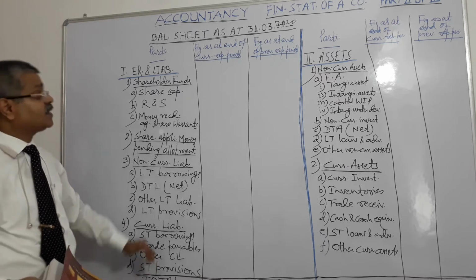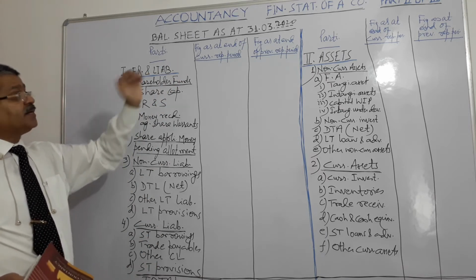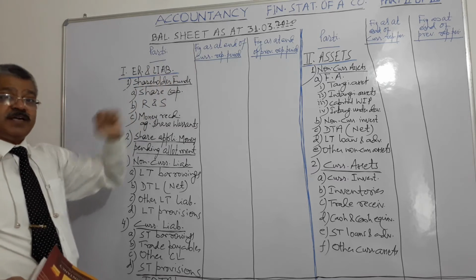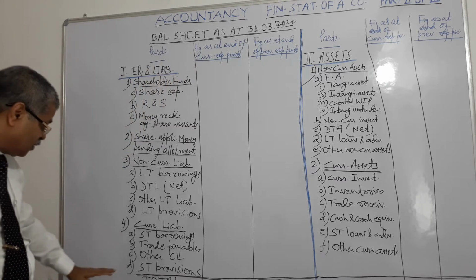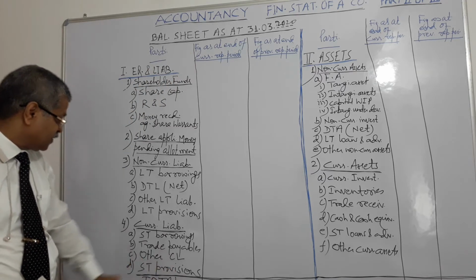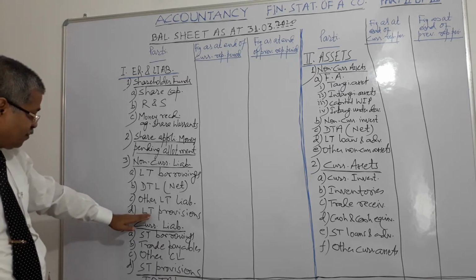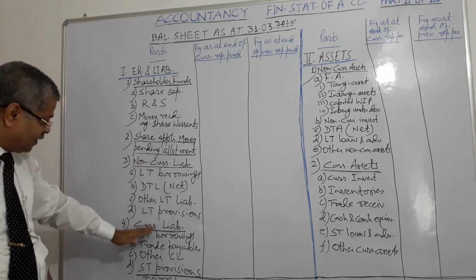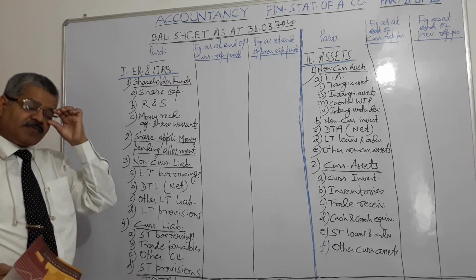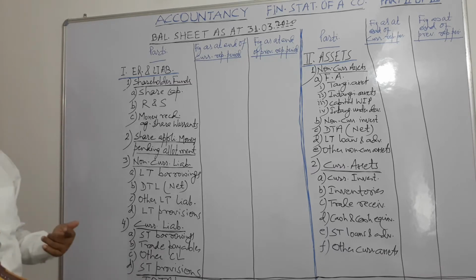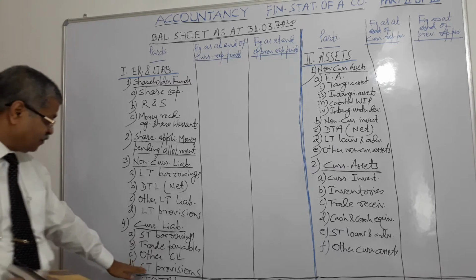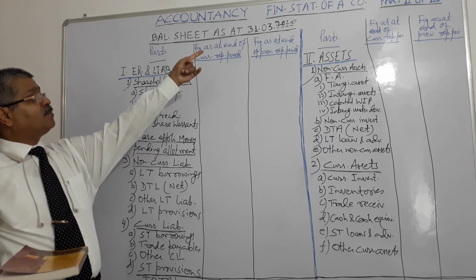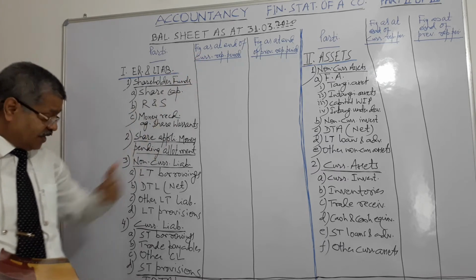So that is other current liability, and it is to be paid within 12 months from 31/3/2020. Short-term provisions. As we had long-term provisions under non-current liability, under current liability we have short-term provisions. The company has made provisions which need to be paid within 12 months from the balance sheet date, right?